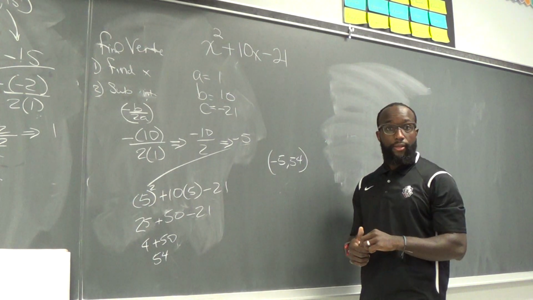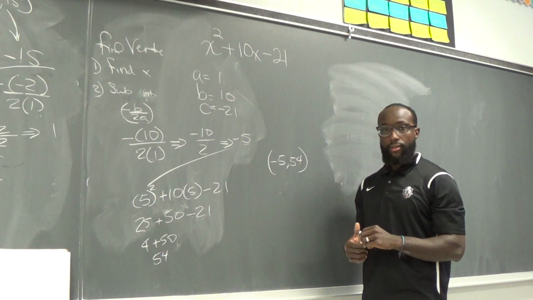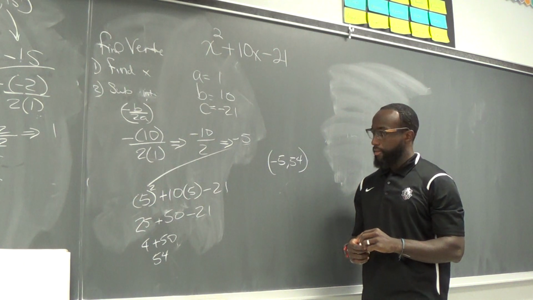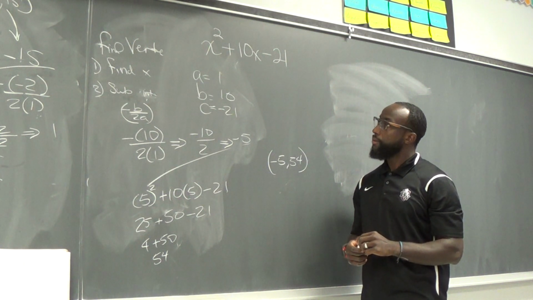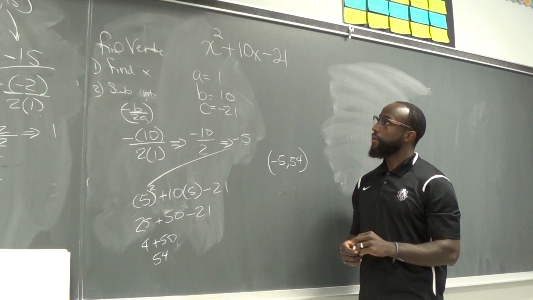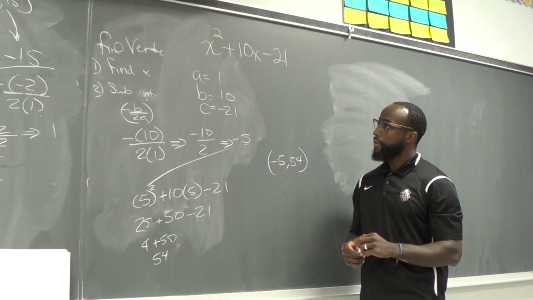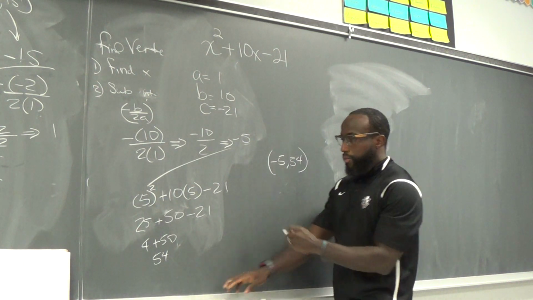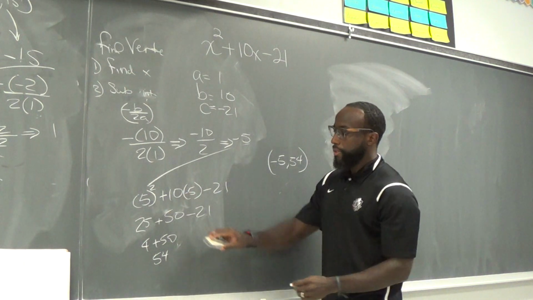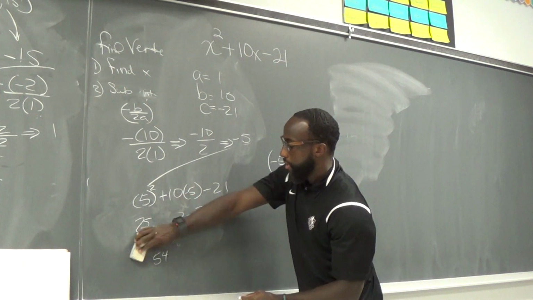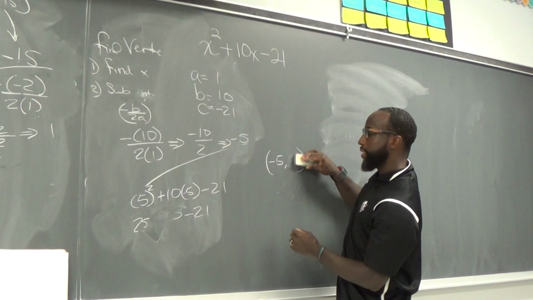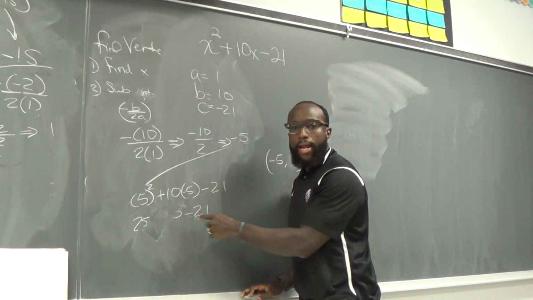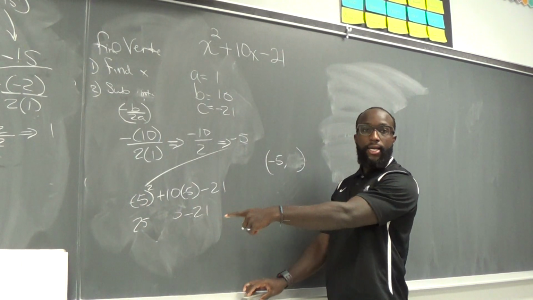Wouldn't that be negative 5 squared? Yes, because you got negative 10 over 2, which is negative 5, but you plugged in a positive 5. Negative 5 squared is still 25. Then wouldn't that be minus 50? Good catch, thank you for catching that.